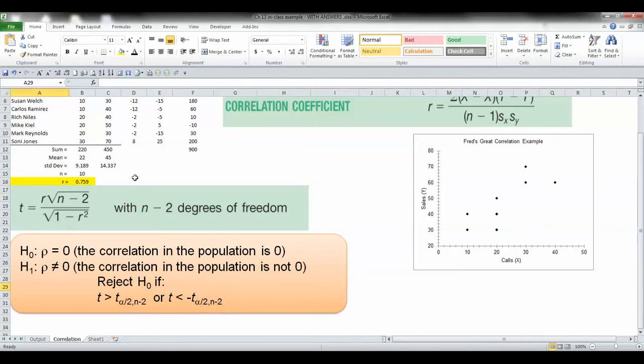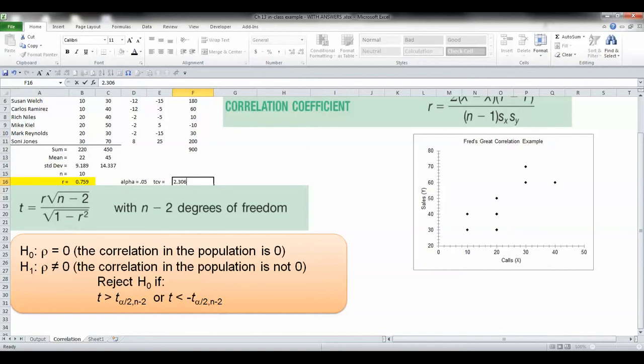To save us a little bit of time, we're using the alpha equals 0.05 level of significance, and you can look this up in the book, but the t critical value is equal to 2.306.